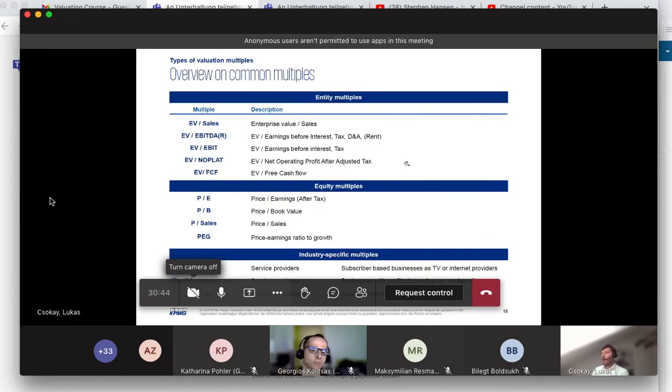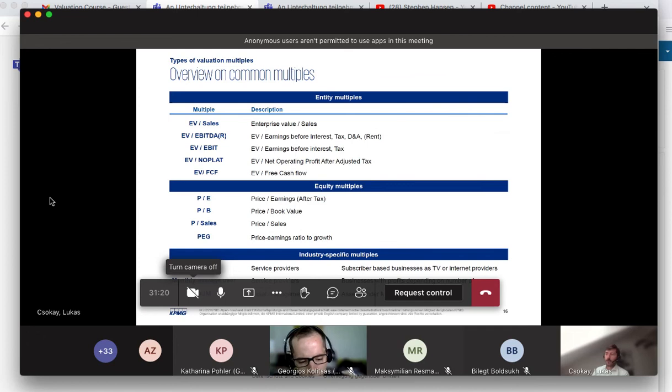Okay, again, here we have some different kinds of multiples, and what's important here maybe is that we only discussed entity and equity multiples so far, but there are also a lot of other multiples, industry-specific multiples, for example, like subscriber multiples, where you measure your company value relative to the number of subscribers you have.